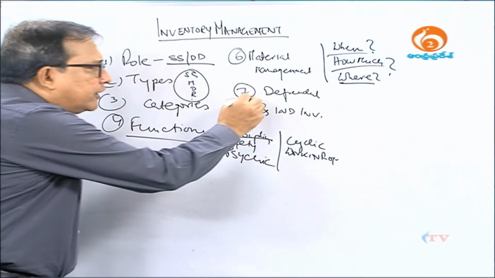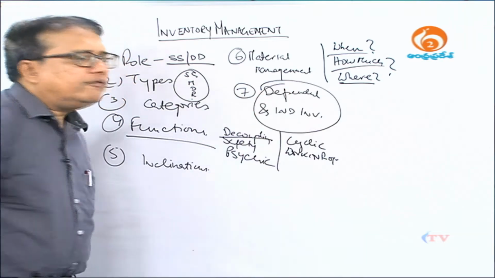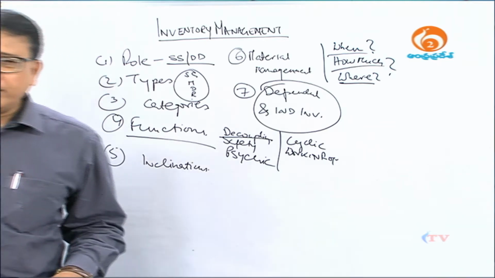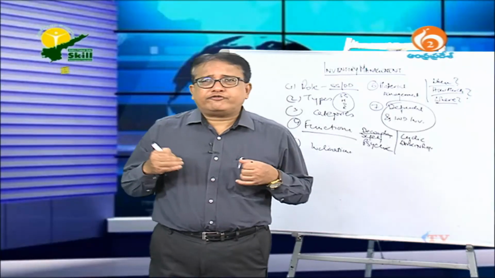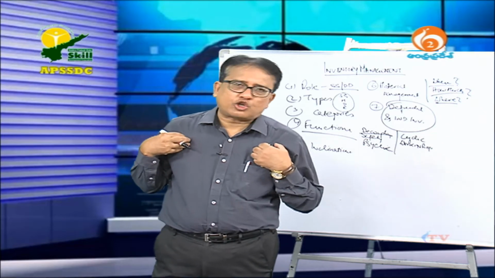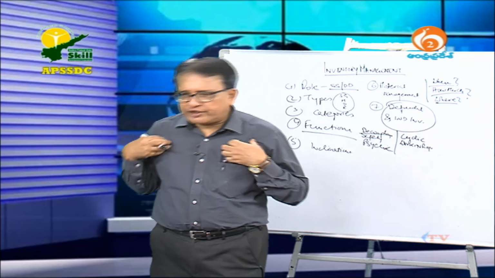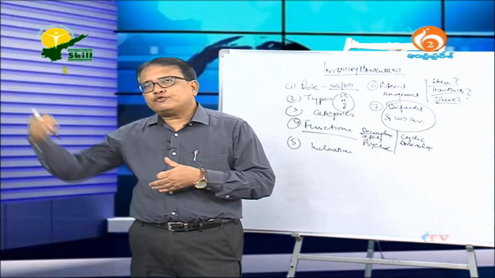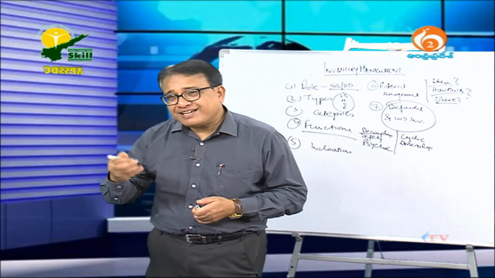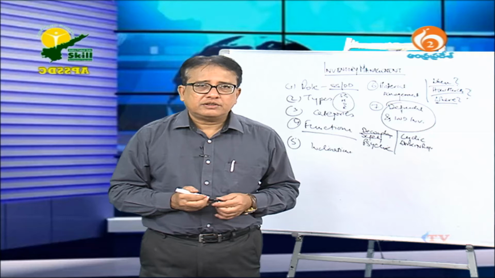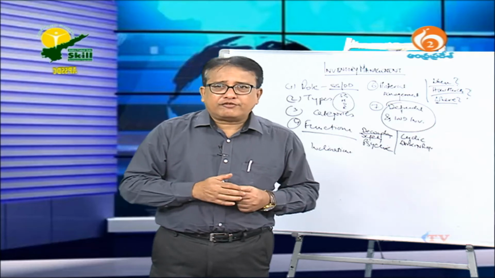When you talk of dependent and independent inventory, what is a dependent and independent inventory? It is quite simple. How much I should stock will depend upon whether I am producing a particular component which will be used as a raw material or a component for a finished good. We can give an example of a car tire maybe.